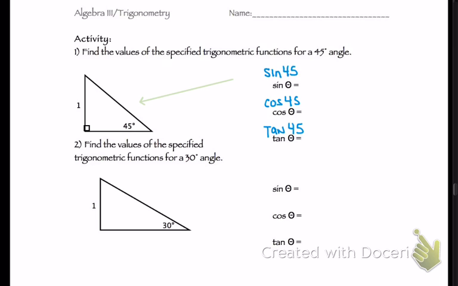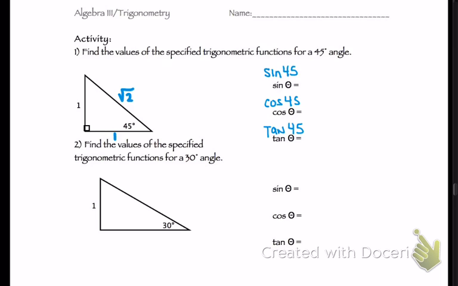If you don't remember them, think about this: if that angle is 45 degrees, that means this angle is 45 degrees, so if that side's 1, it's got to mean that that side's 1 as well, right? If the angle is the same, that means the side has to be the same. You could use the Pythagorean theorem to find that the hypotenuse is going to be the square root of 2. So 1, 1, root 2, there are your 45, 45, 90 rules.